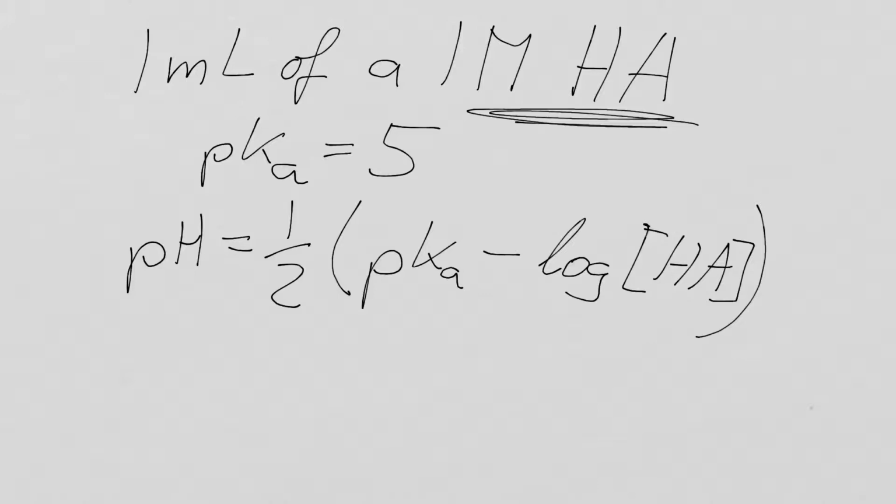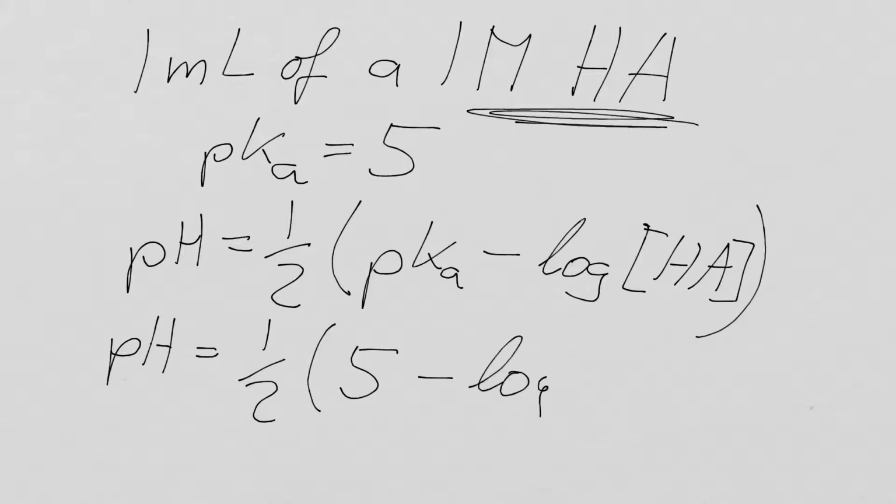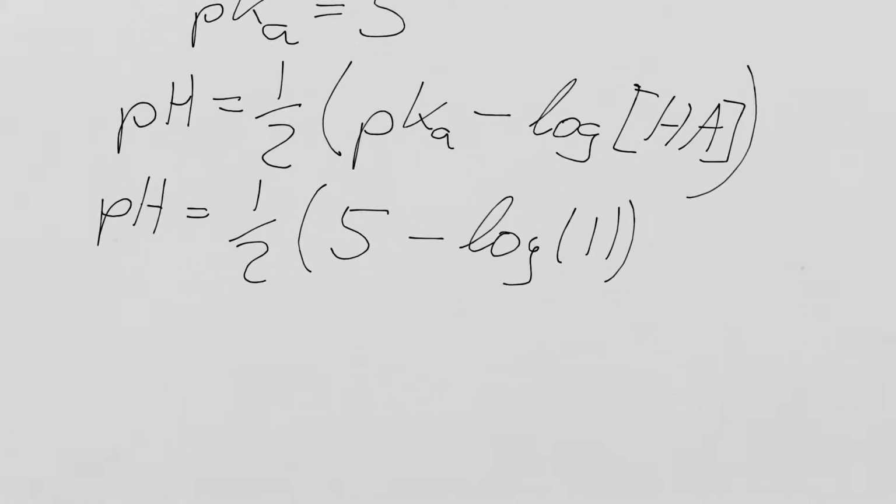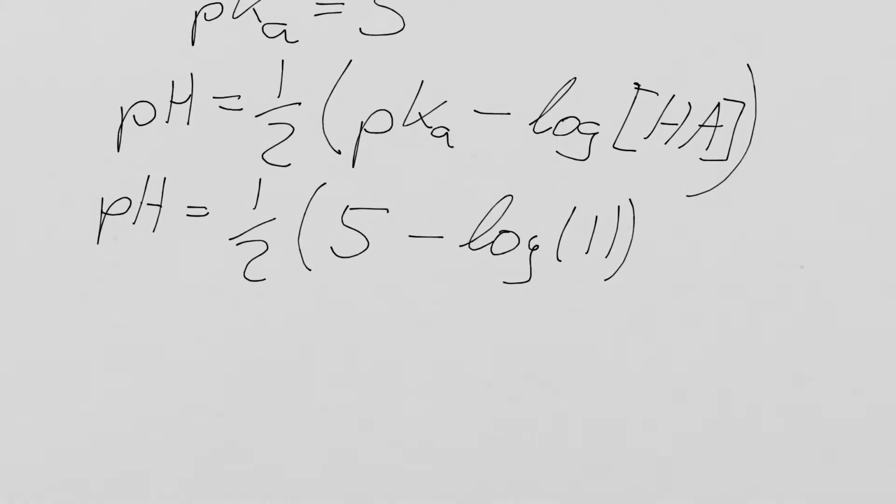pH equals 1/2 of pKa, in this case 5, minus log of the acid concentration, and that was 1. So, log 1 gives us 0. 5 take away 0 is still 5.